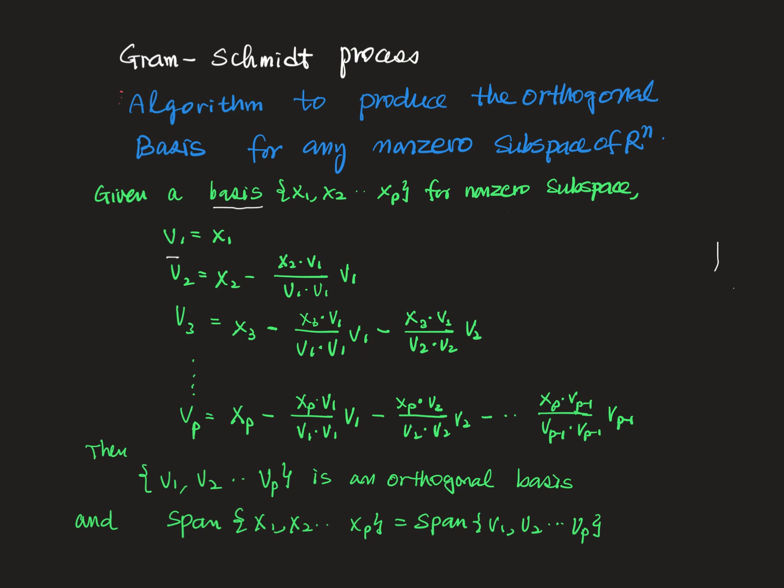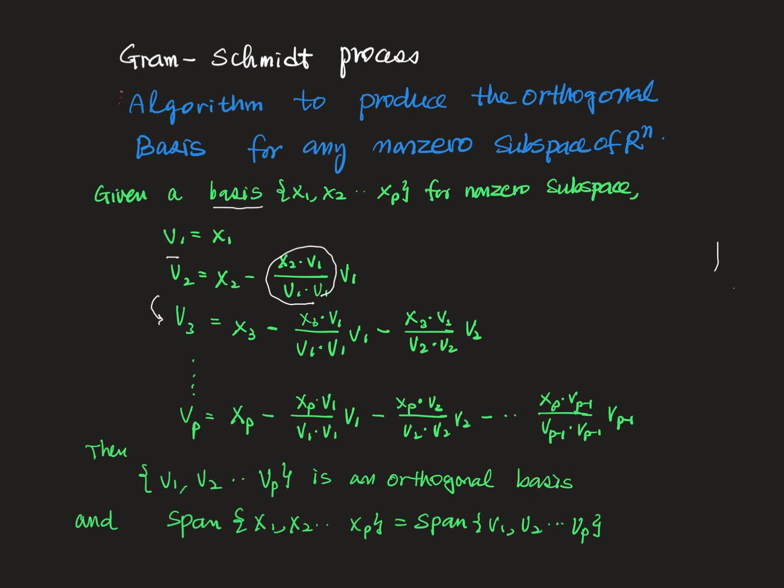So v1 is x1. v2 is x2 minus (x2 times v1 divided by v1 times v1), that's the scalar component, times the v1 vector. That's how you create v2.